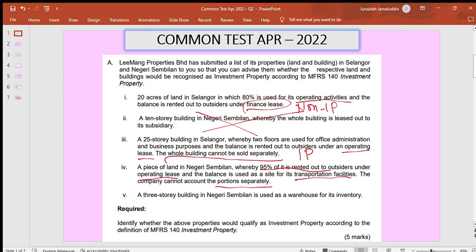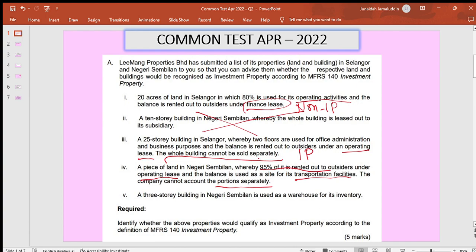Basically, the portion that is used for transportation facilities is only 5%. Therefore, we can say that the portion is insignificant to the arrangement of the property as a whole, right? While the portion that is rented out under operating lease is significant, which is 95%.